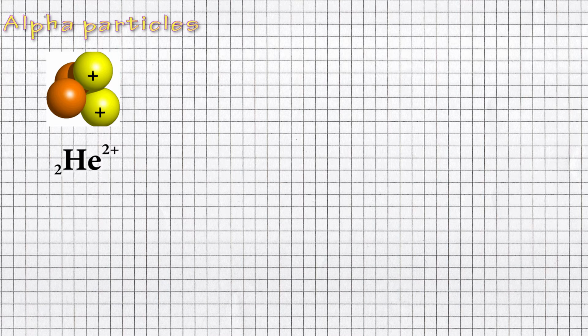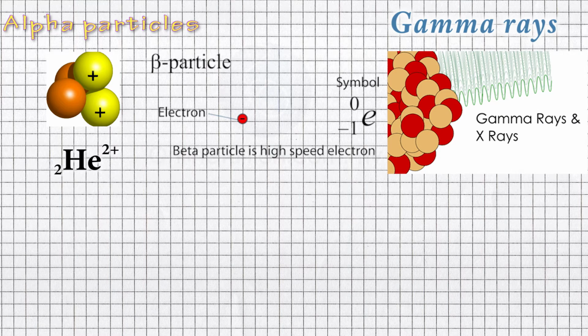The particles that Rutherford used for his experiment are alpha particles, and these are the positive nucleus of helium. There are also other radioactive particles, which are beta particles and gamma particles. Beta particles are simply electrons that move very fast, whereas gamma particles are very high energy electromagnetic rays.